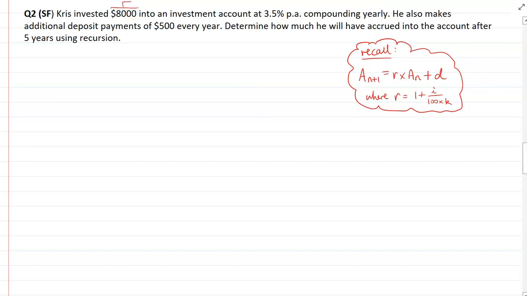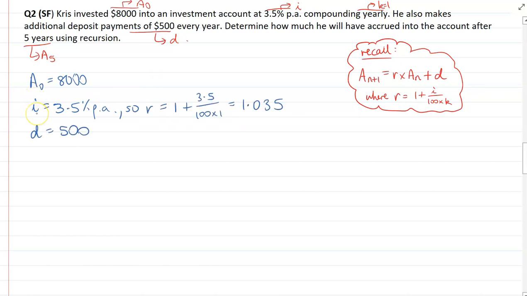So the $8,000 is his principal, 3.5% is our interest rate, compounding yearly, K value is 1, and his additional payments will be our D value. To find out how much he's accrued into the account after 5 years, that means we're after our 5th recursion.